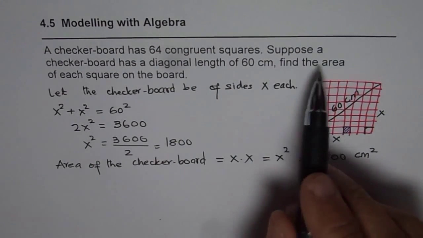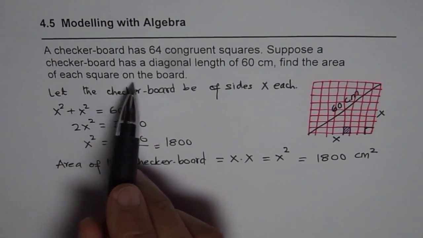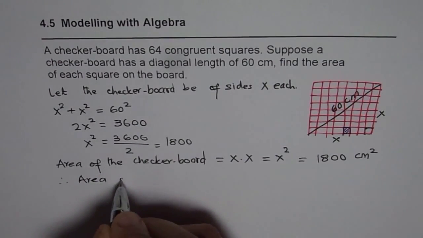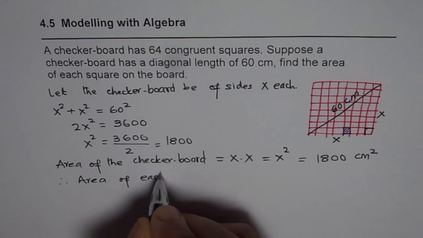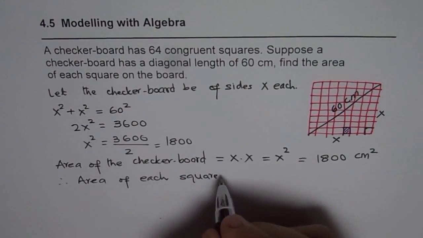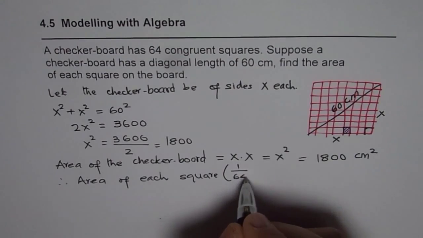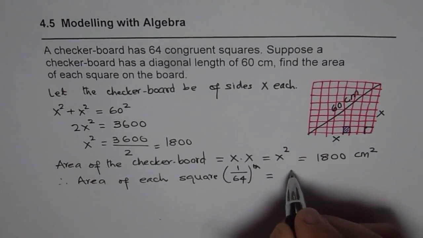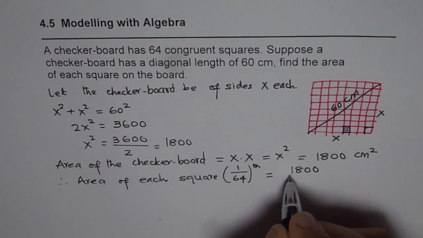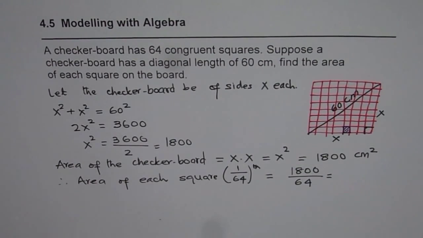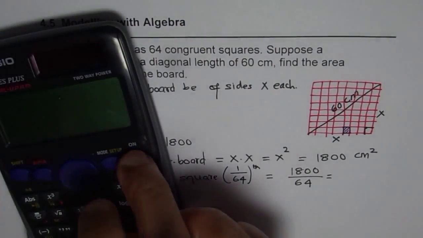Now the question is, find the area of each square of the board. So therefore, area of each square, which is 1/64th because there are 64 squares, is equal to 1800 divided by 64, correct? So we can use a calculator and find the answer.